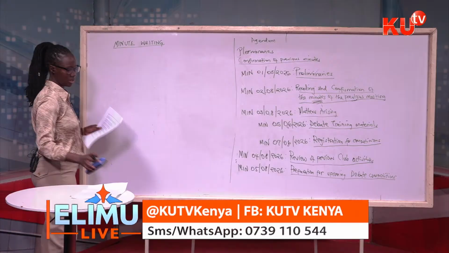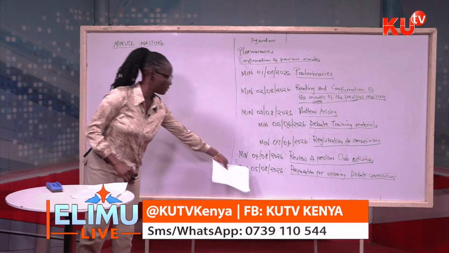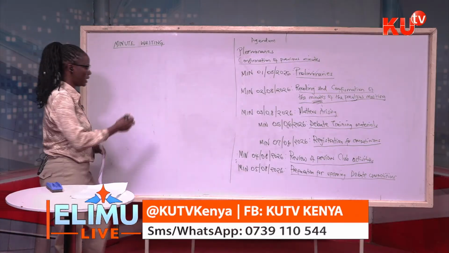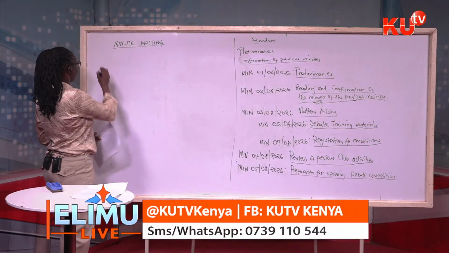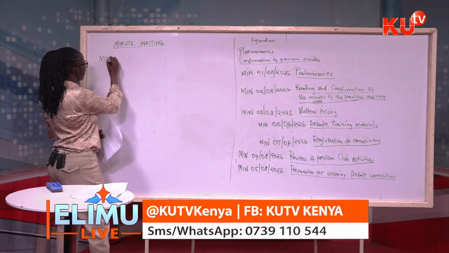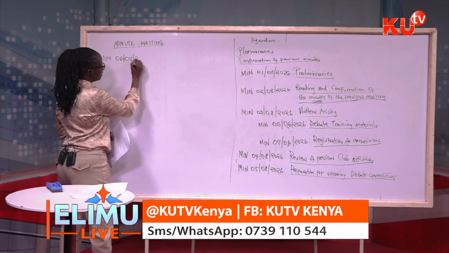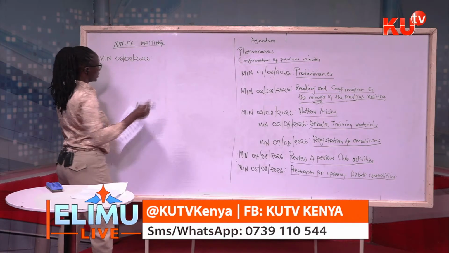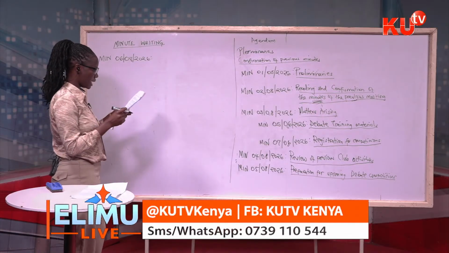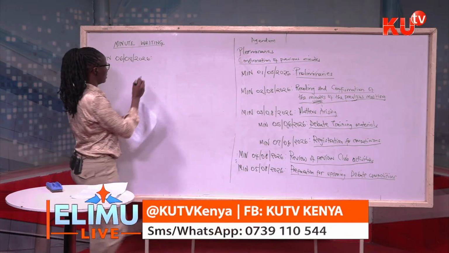Let's go to another one. After minute 5, we go to minute 6. Again, you number your minute 6 very well. So minute 6 will read debate training and practice sessions.